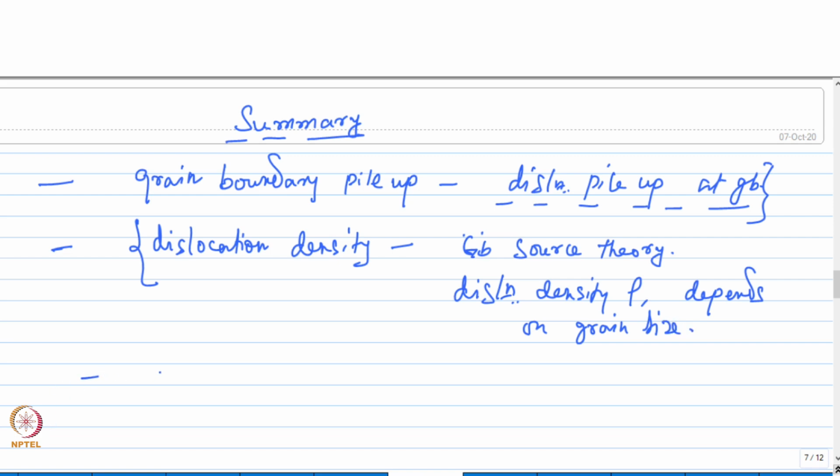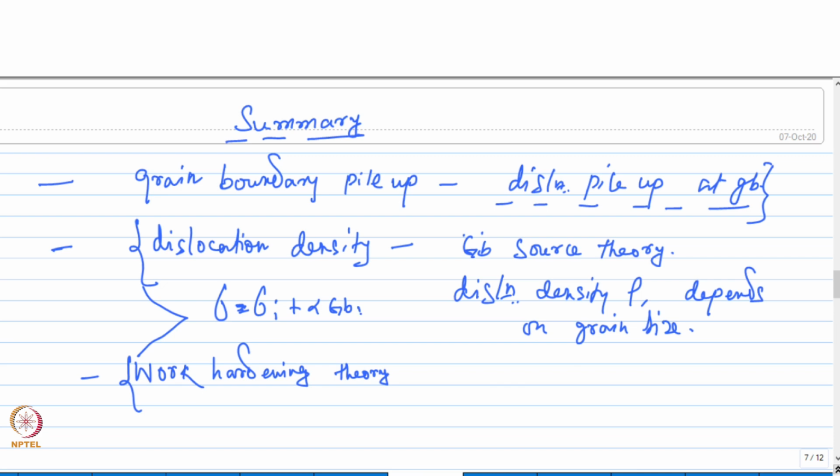Similarly, this theory also considers the dislocation density and the effect of the grain size on the same. This is the work hardening theory. So both of these are based upon this fundamental equation which relates the strength to the dislocation density. Right?